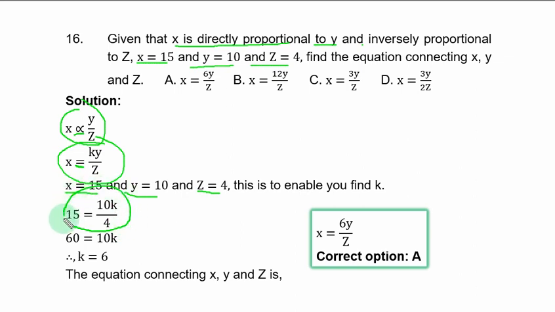If you clear fraction, you have 15 times 4, that is 60, equal to 10K. Divide through by 10, K is equal to 6.